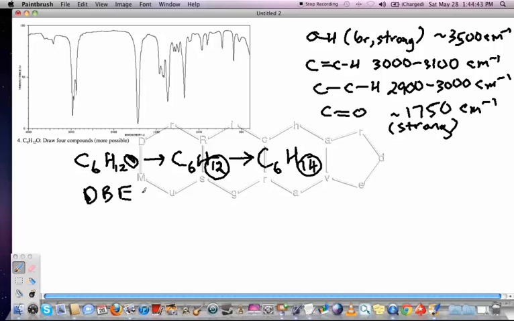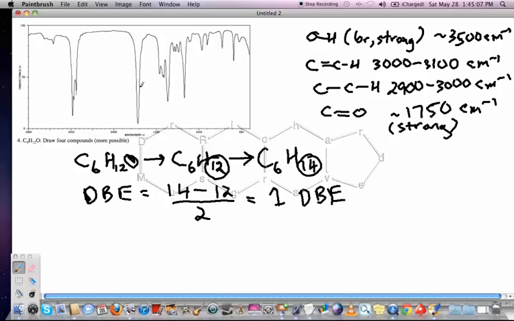DBE, 14 minus 12 divided by 2 equals 1 double bond equivalent. So we expect to see 1 double bond or 1 ring somewhere in this compound.